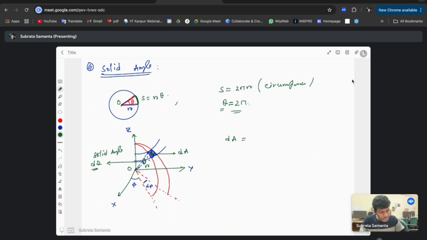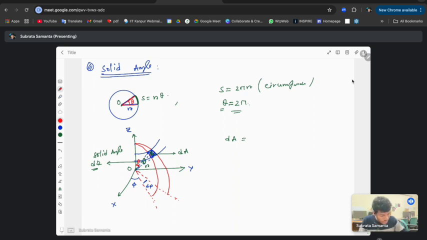So what is the area of this small element dA? It's basically r, and this is an angle theta. So then the area element is basically r cos theta, sorry, r sin theta d phi.